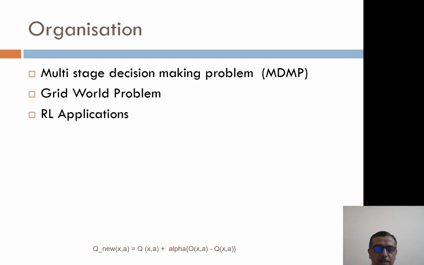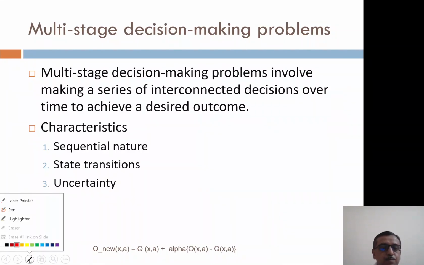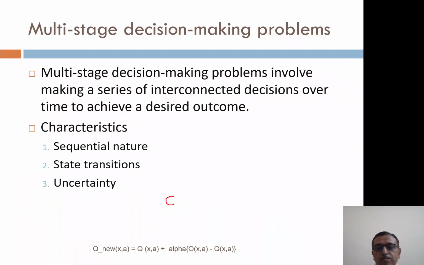So let us look at what a multi-stage decision making problem is. A multi-stage decision making problem involves making a series of interconnected decisions over time to achieve a desired outcome. What is an example for that? A simple example will be, suppose you have a robot here, and the robot has to reach some goal state.